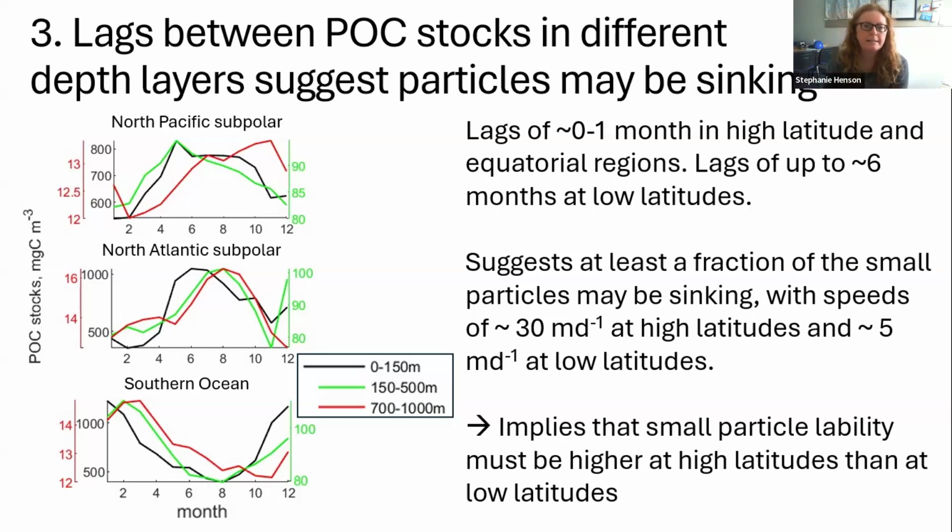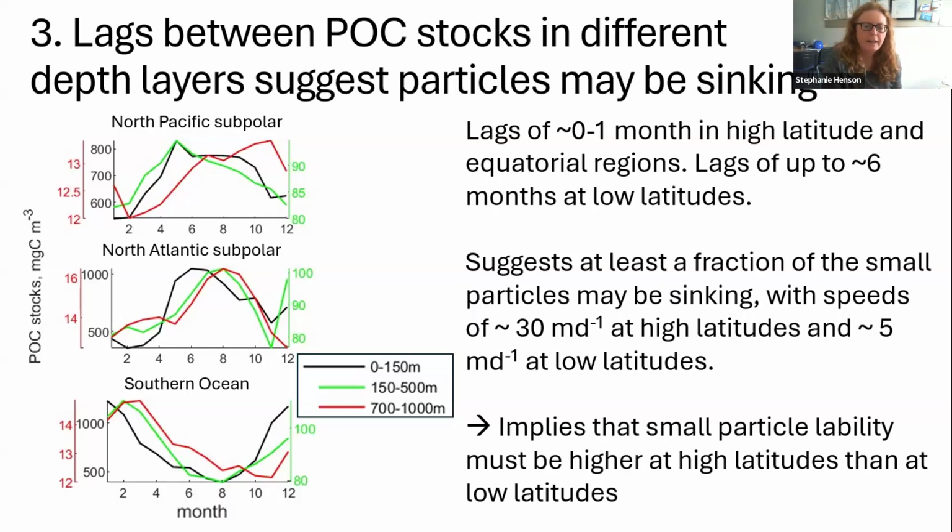And what we find is that generally at high latitudes and in equatorial regions, we see lags of about, well, sometimes it's 0, and sometimes it could be up to a month, and longer lags at low latitudes. But you can see that the seasonal pattern does bear a resemblance between the different depth layers.